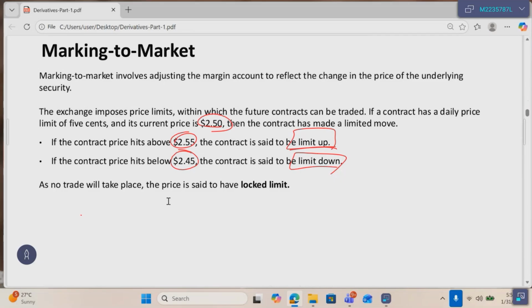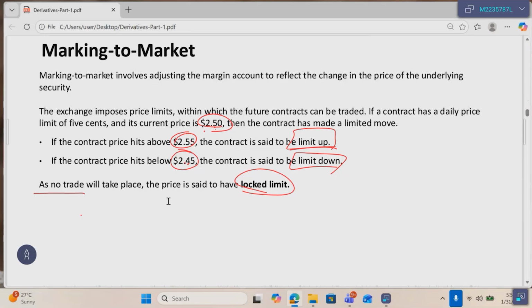So I have to act based on that, but I need to look at what the amount involved is. They're saying no trade will take place, because it's locked at the limit, so you can't do much. The exchange imposes price limits within which you can trade. So you have to ensure that your price is somewhere within the range.